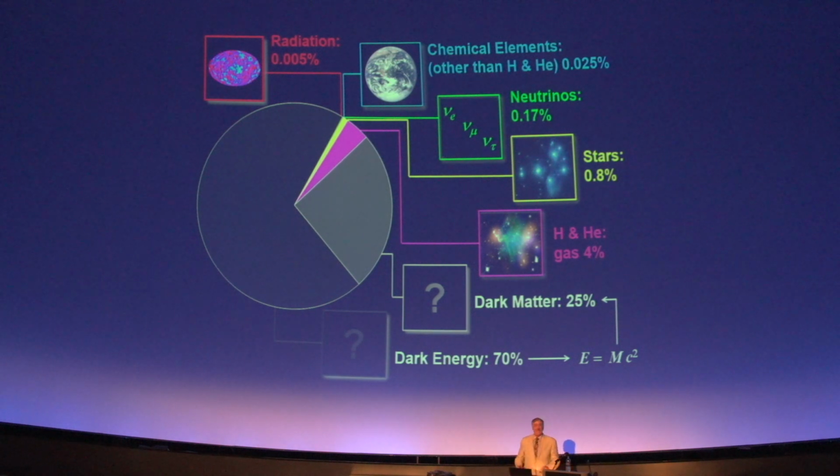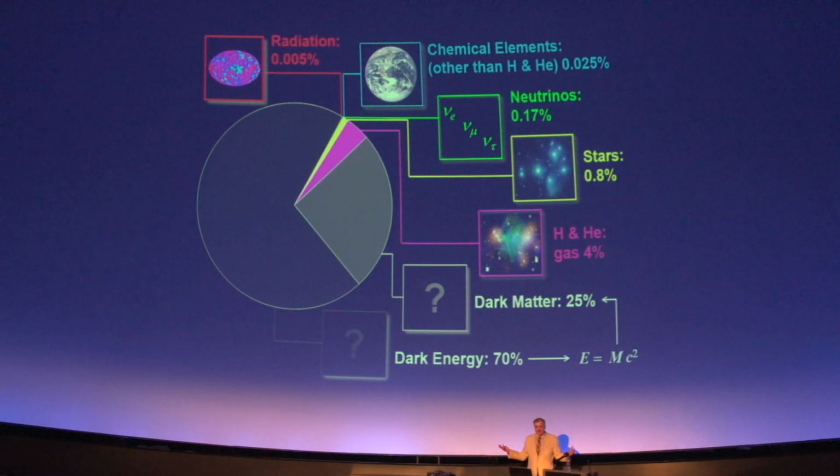This slide illustrates why chemistry is not important. I don't know why we make students study chemistry. Chemistry, the chemical elements only amount to 0.025% of the total mass and energy of the universe. And to me, it seemed like a waste of time.